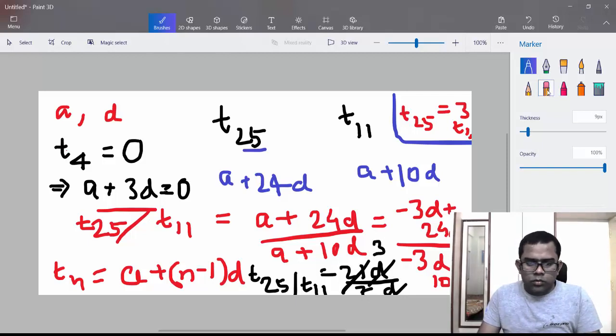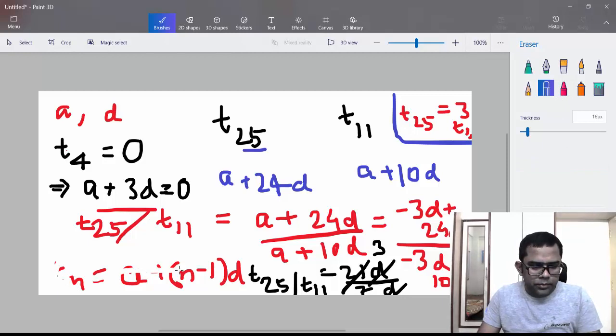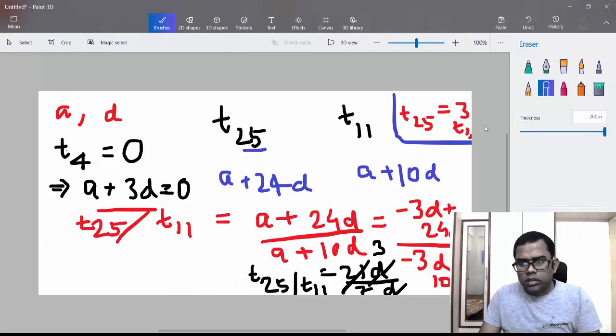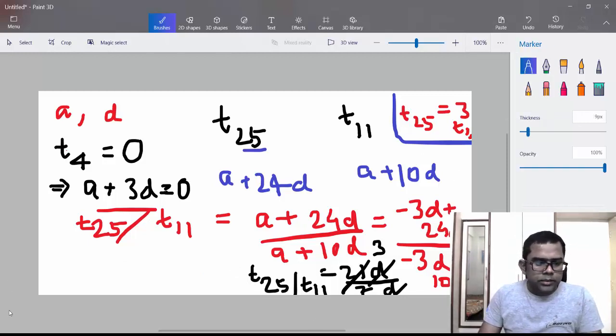So we will have, we can say that T25 is equal to 3 into T11 and hence proved.